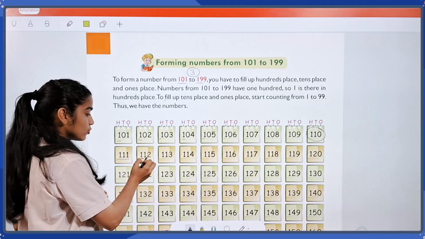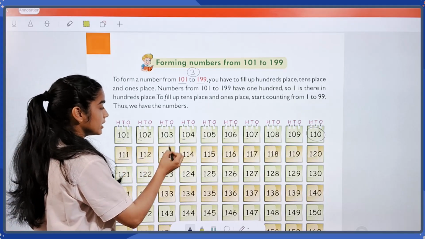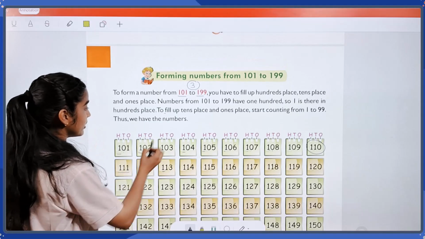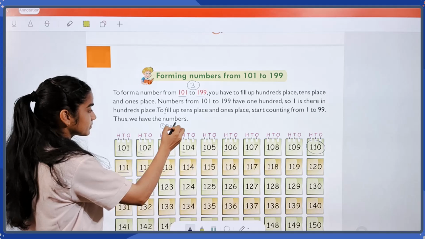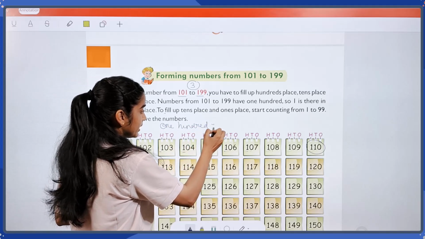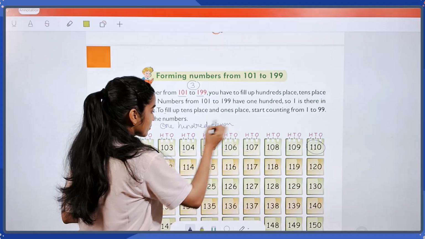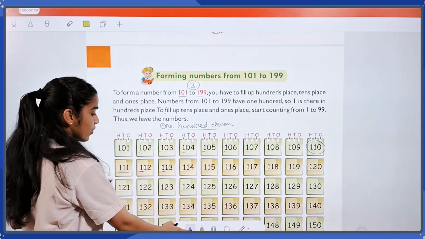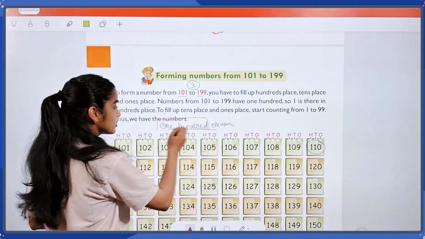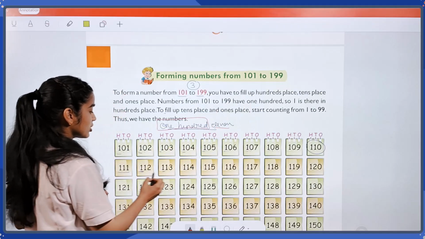Now we have to add 12, then the same 1, then 13. And how can you read this? 111. So this is the correct way. The 100 will remain the same for the rest of the numbers, but this 11 would change into 12.